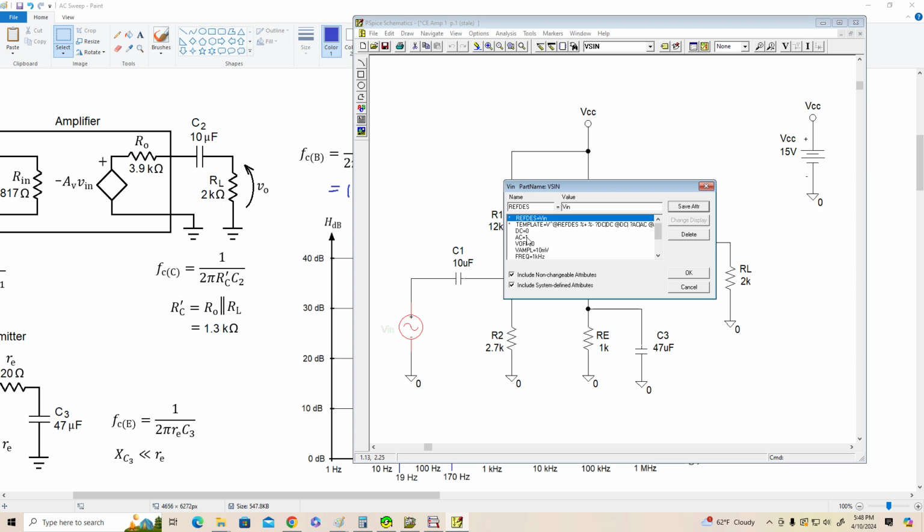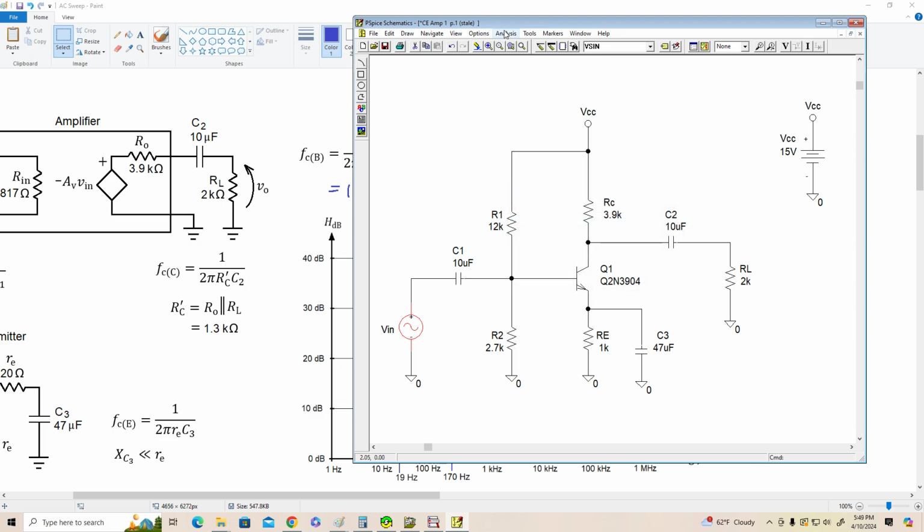It would cause it to clip like crazy, but the AC sweep assumes that the amplifier is linear regardless of the voltages you're driving it with, so this is not going to cause a problem. AC sweep uses the small signal model for the amplifier, and it assumes that it works regardless of signal amplitude. Okay, so we're good. We're using 1 volt for our AC sweep.